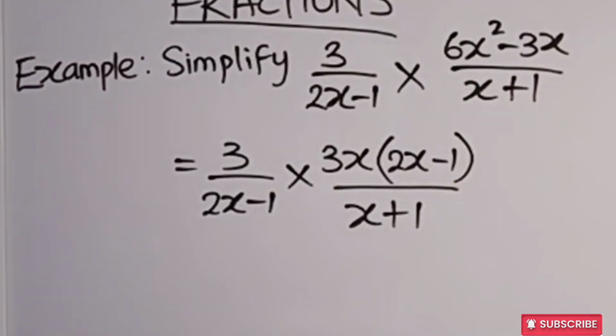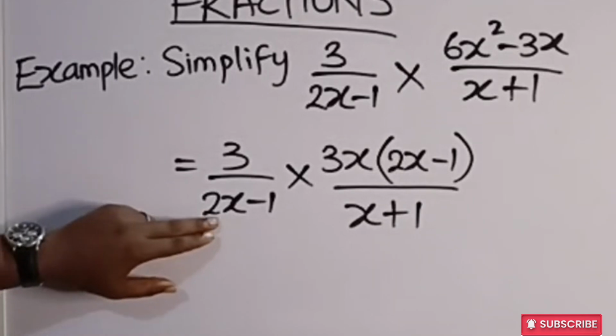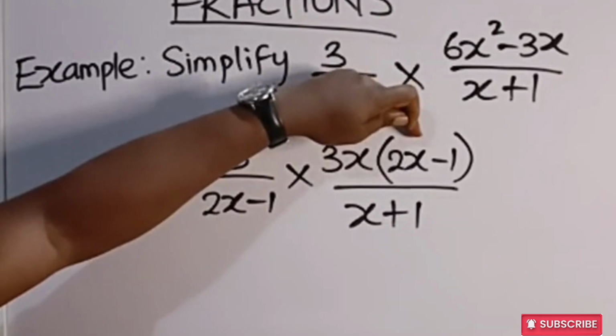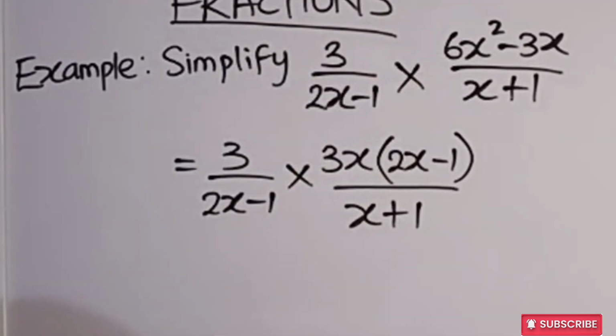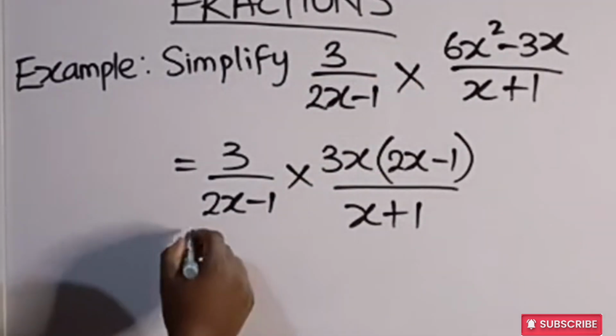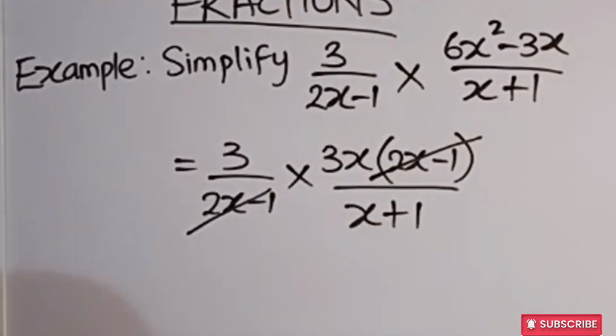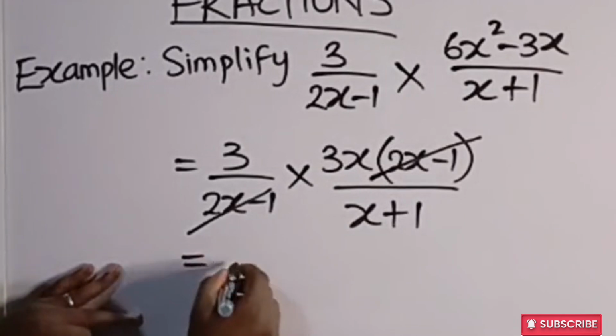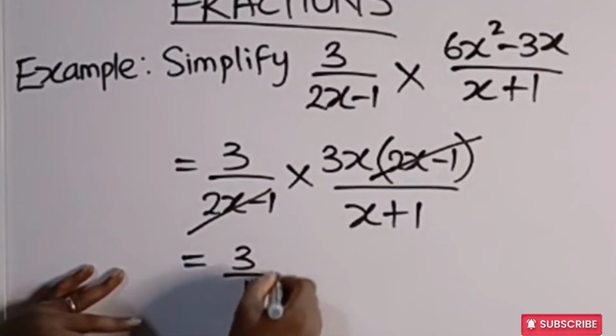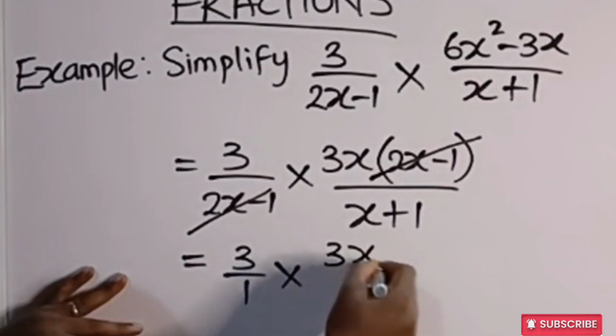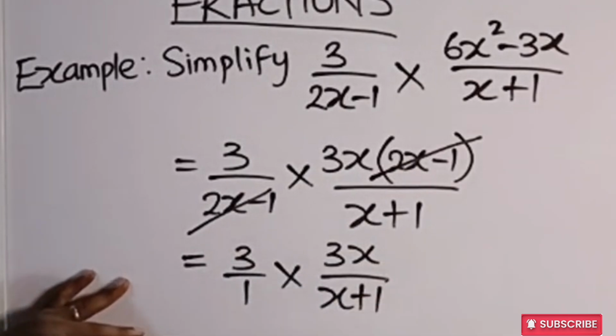Next, we've done the factorization part. The next part is to look out for opportunities to cancel out. Here in this denominator, we have 2x minus 1. Over here, we have 2x minus 1. So they can cancel out. At this point, we have 3 over 1 multiplied by 3x all over x plus 1.